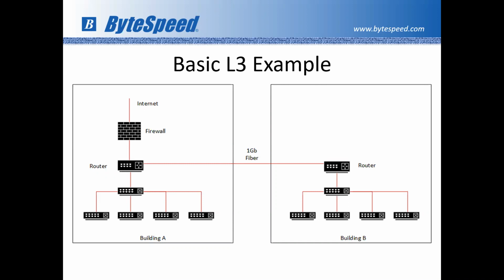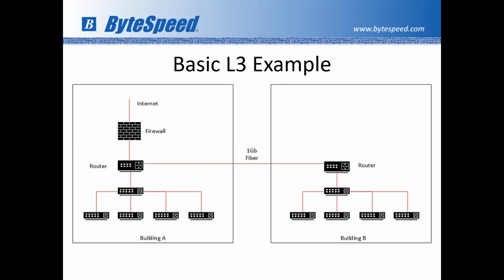And depending on how you have your router set up, they might just be able to get to the internet. So you can secure them with your ACLs, your firewall filters, your rules on your routers. Say you only have Active Directory servers or DNS servers at building A, and you don't have any servers at building B. Well, building B needs to be able to communicate to those servers to authenticate and to get to the internet.